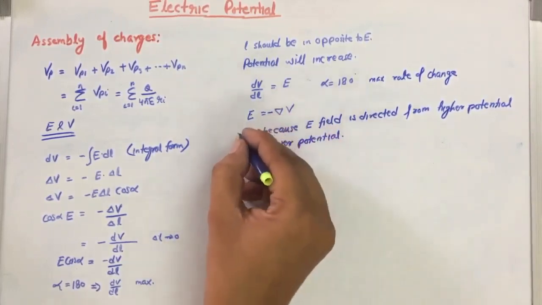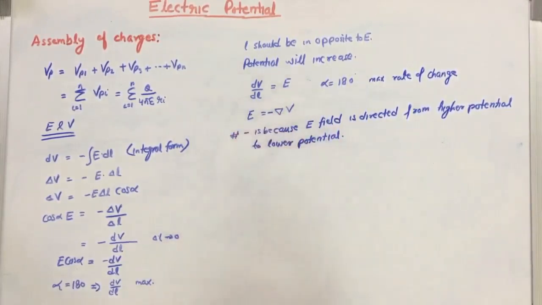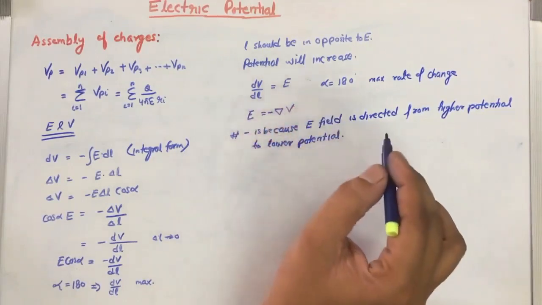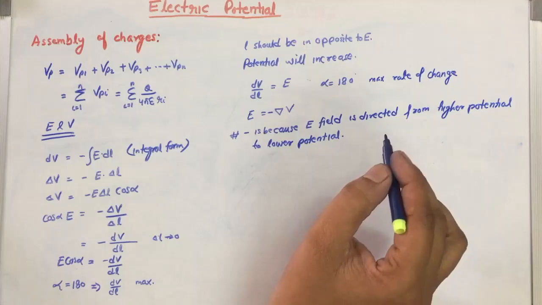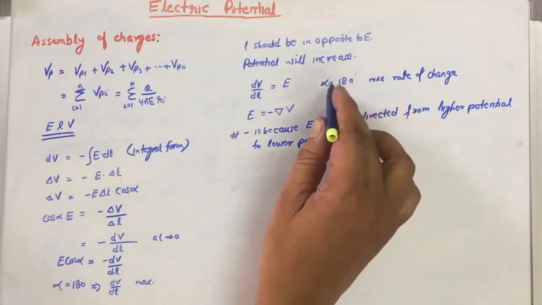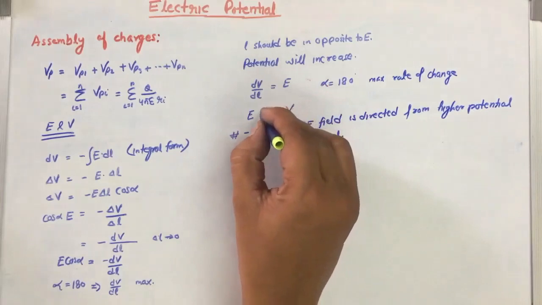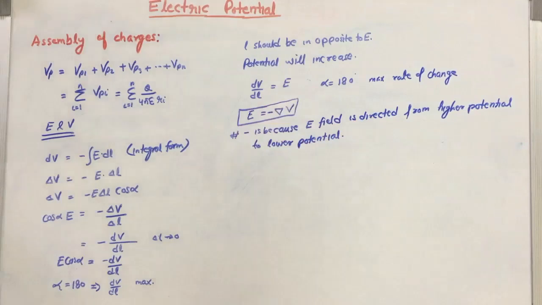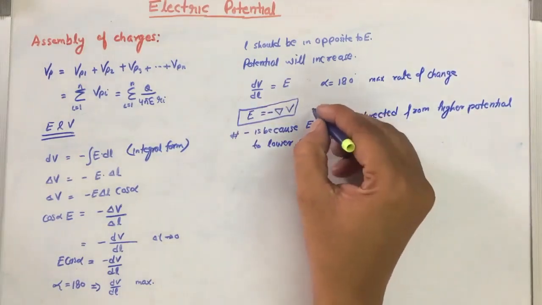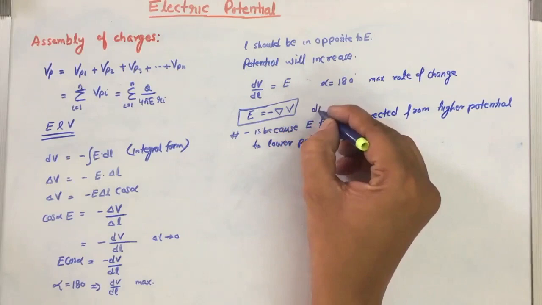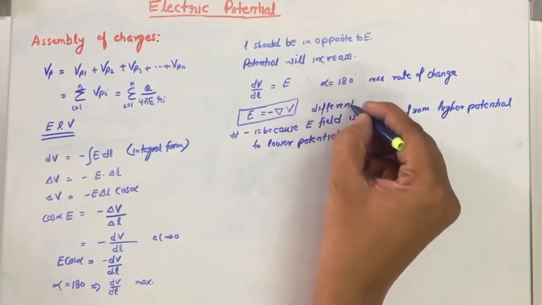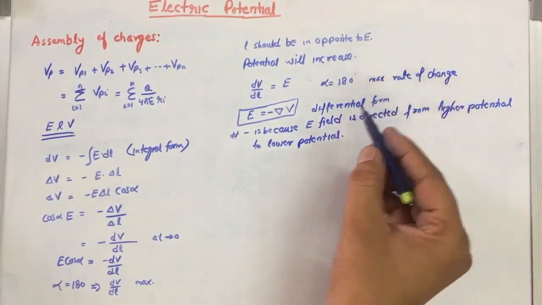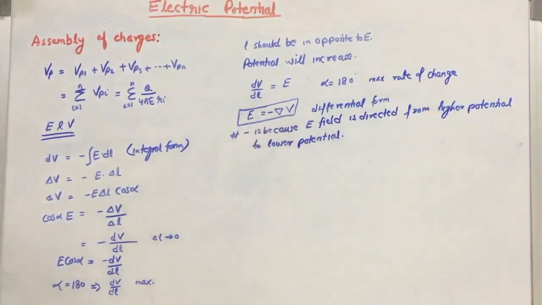That is why there should be negative. And E will be gradient of V because gradient maximizes the rate of change, that is when E and displacement are in opposite direction. And this is called the differential form of relationship between E and V.